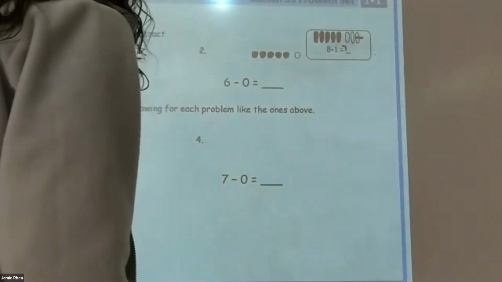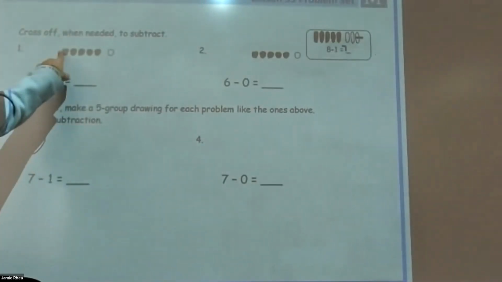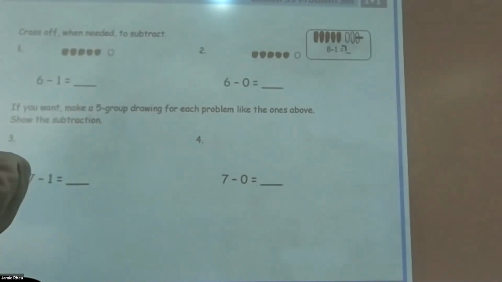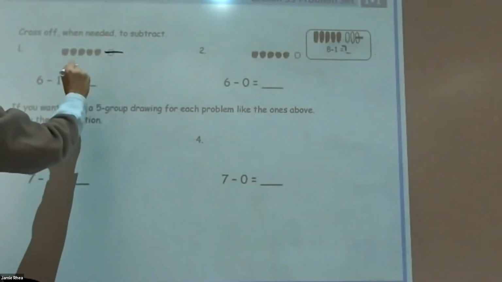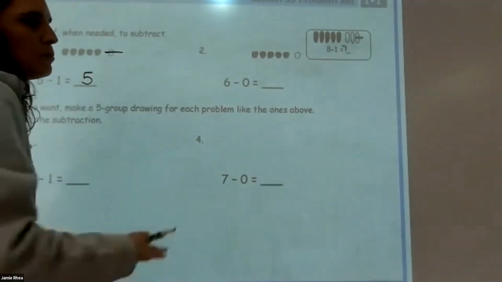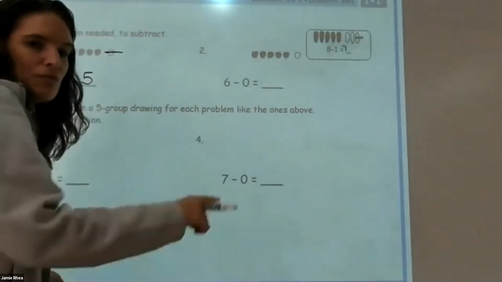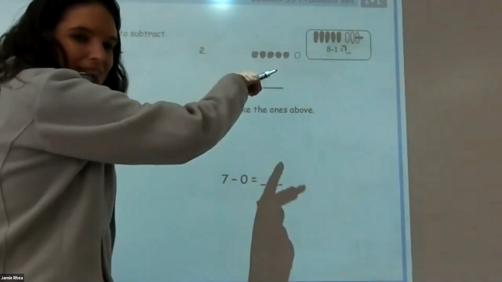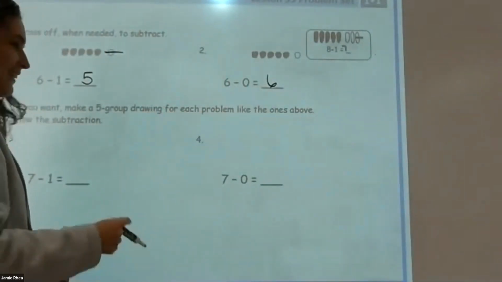It says cross off what we needed to subtract. So 6 minus 1. Here's 6. I'm going to take 1 away, and that leaves me with 5. Okay, what about 6 minus 0? Did you cross any off? No, because it's 0. So if this is 0, what's left? Still 6.